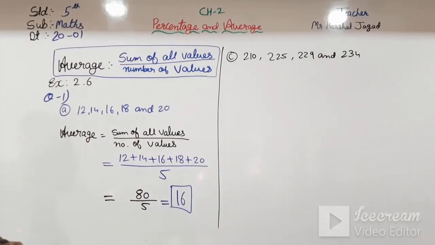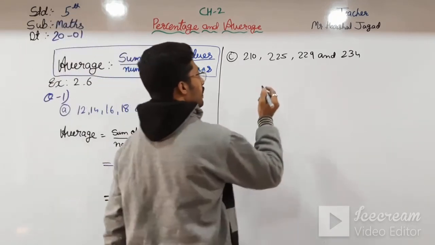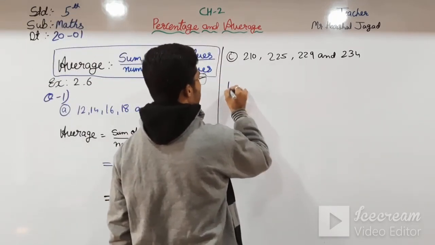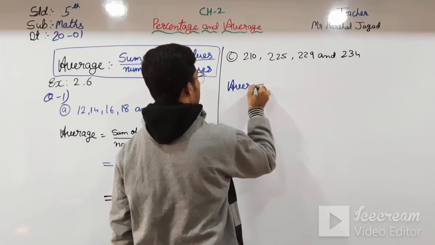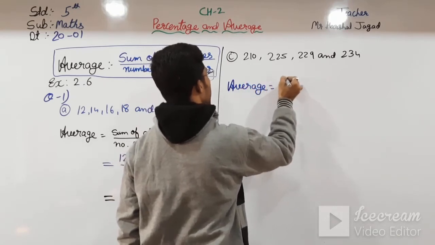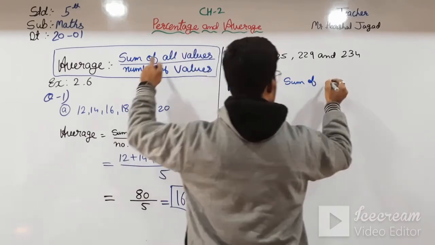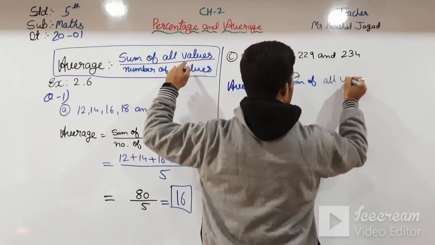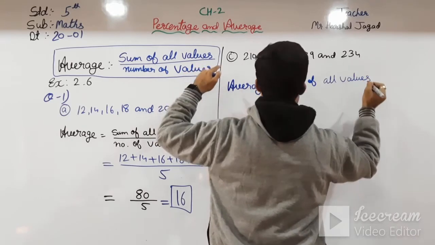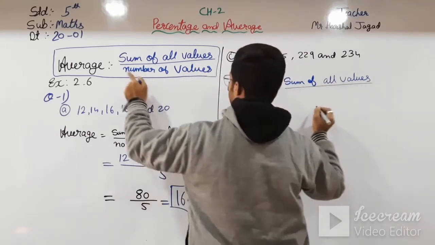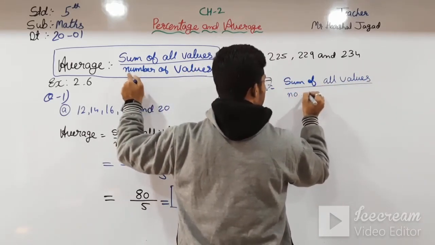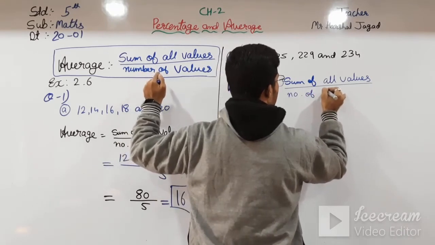So let us do the sum of this. Average is equal to sum of all values upon number of values.